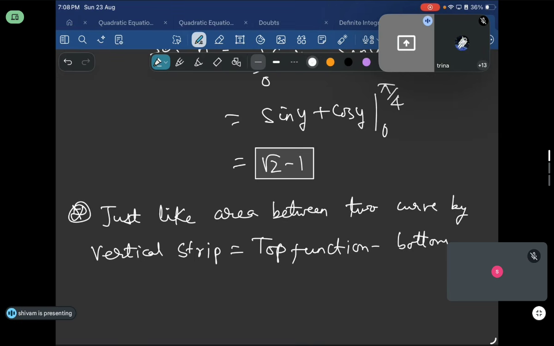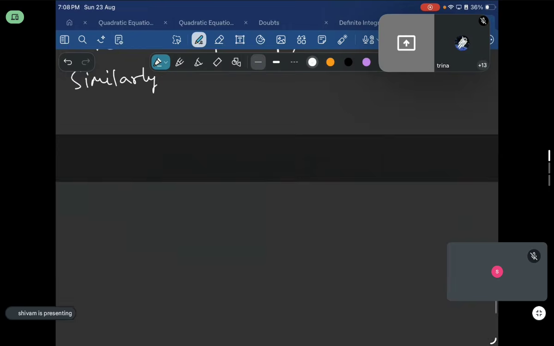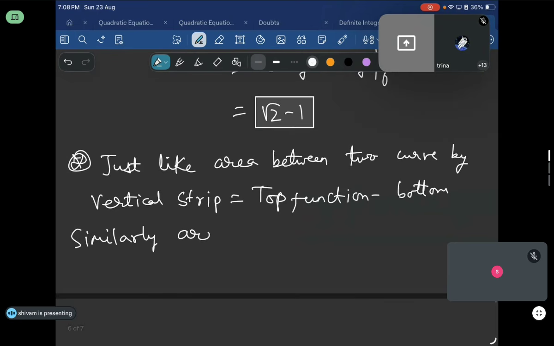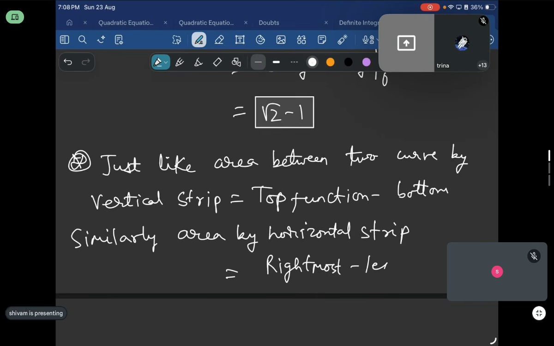Similarly, area between two curves by horizontal strip will be equal to right minus left. Right function, rightmost function minus leftmost function.